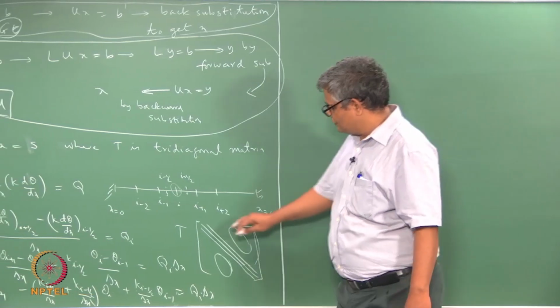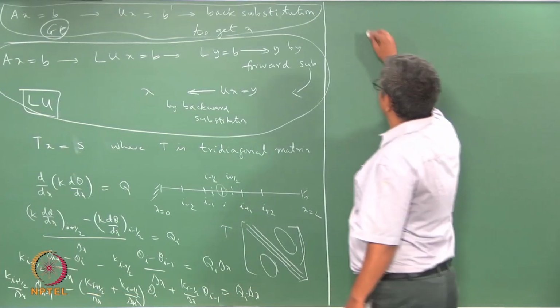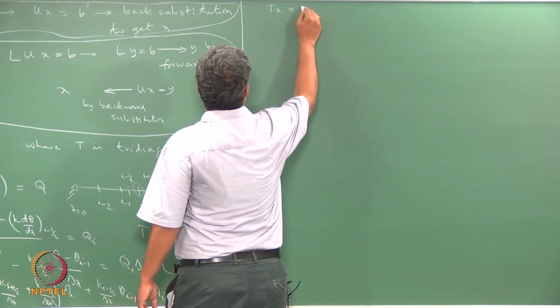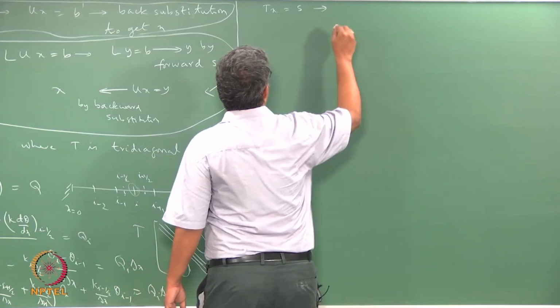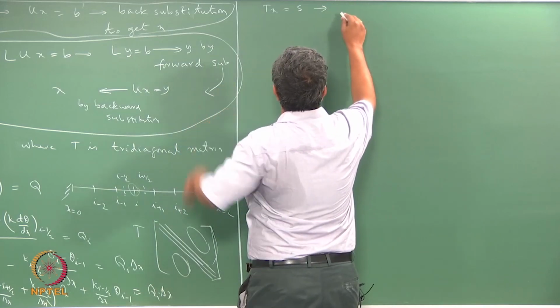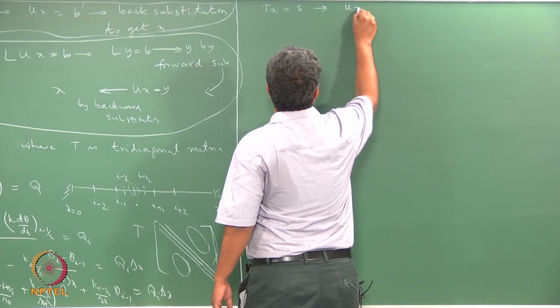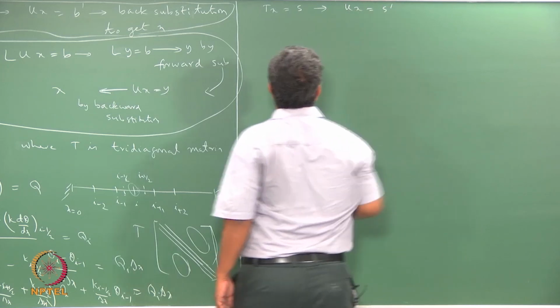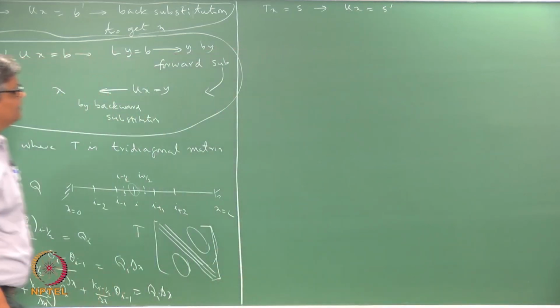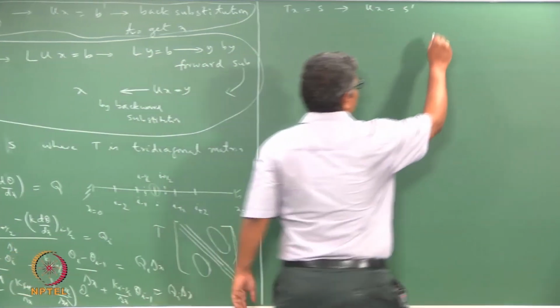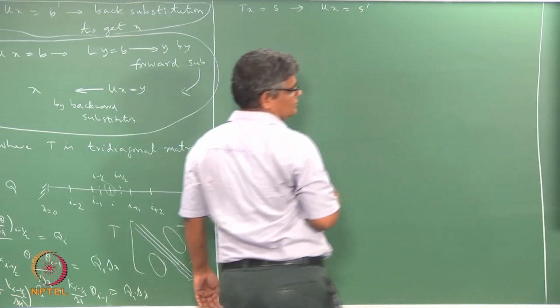Okay. So, with these conditions, what we would like to do is to convert Tx equal to S into an upper triangular matrix of the form Ux equal to S prime, in such a way that this upper triangular matrix will only have 2 diagonals.